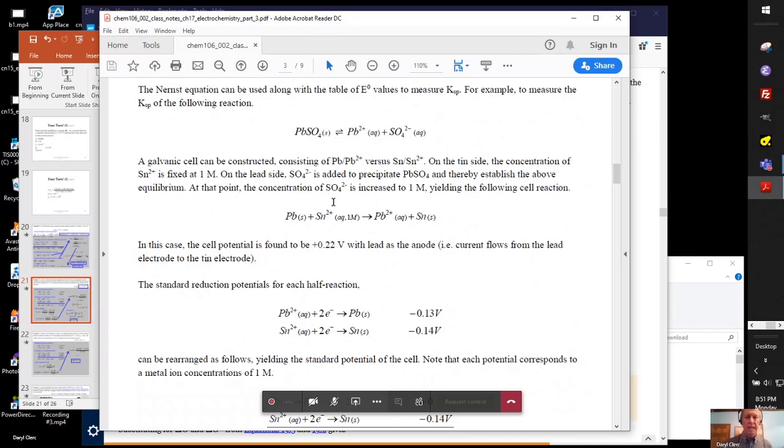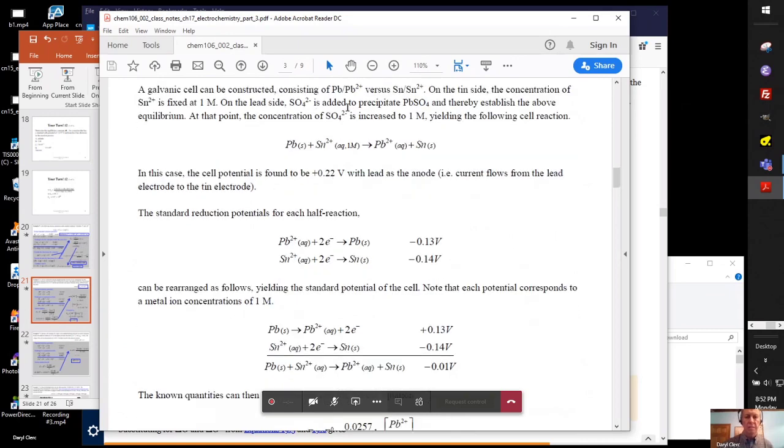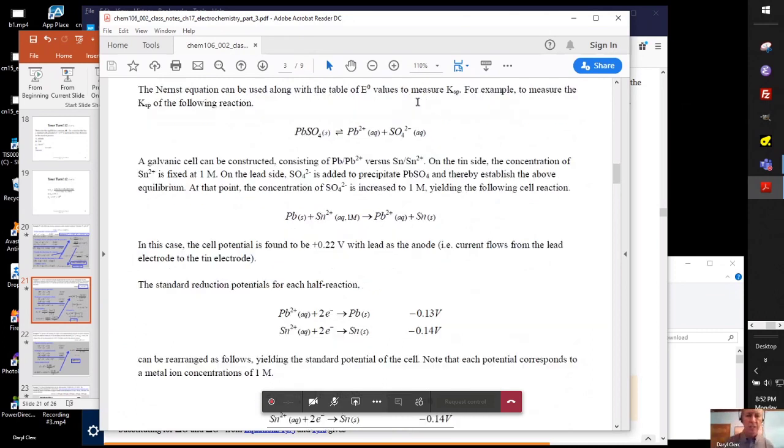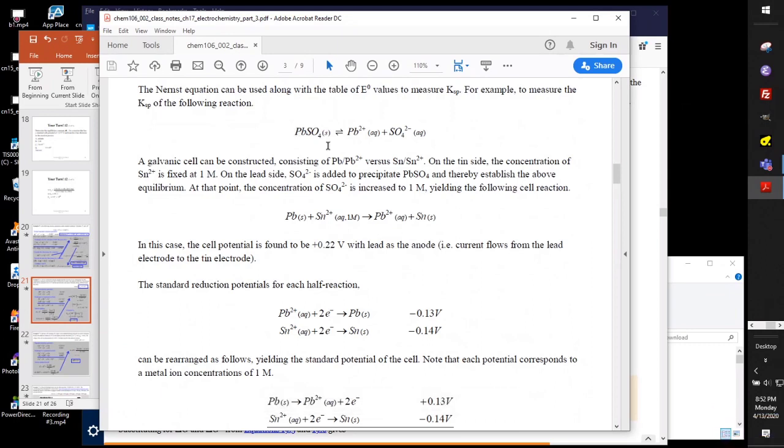So we would need to add sulfate to precipitate lead sulfate, because the equation here is in equilibrium. We have to have solid lead sulfate in the beaker or the cell compartment in order to be in equilibrium with its ions. So we need to add enough sulfate on the lead side to cause a precipitate.